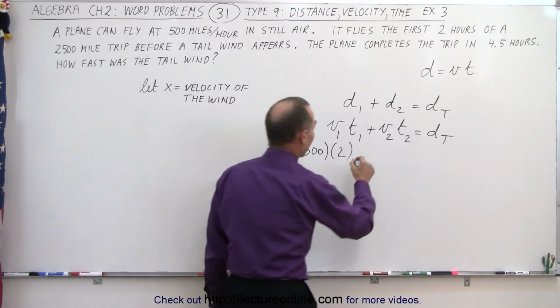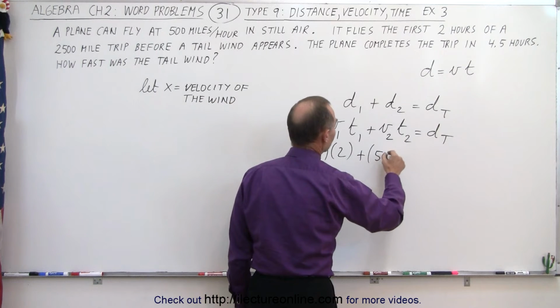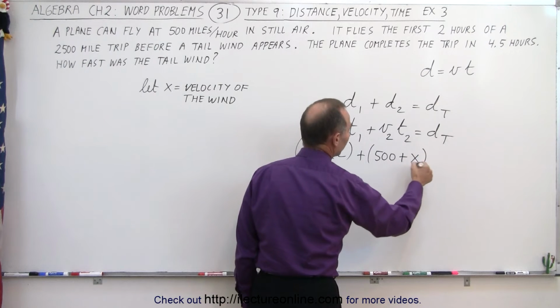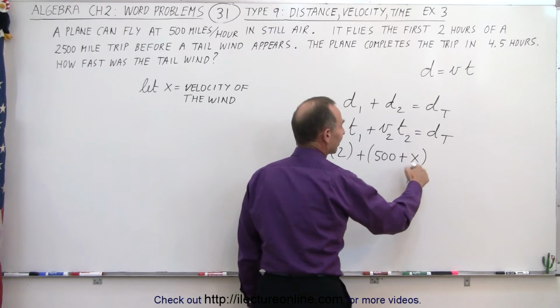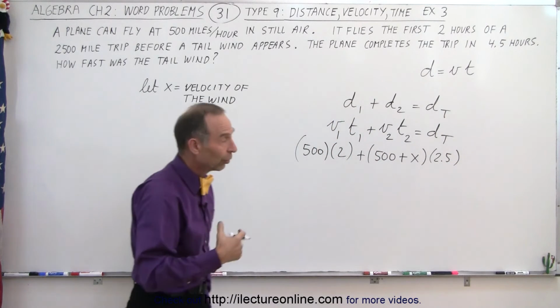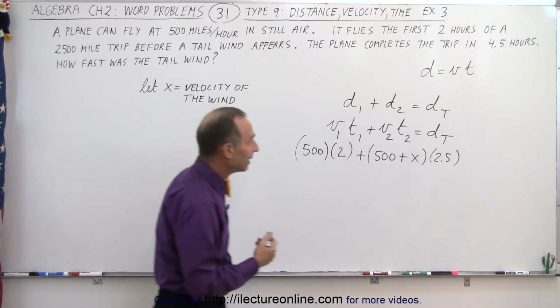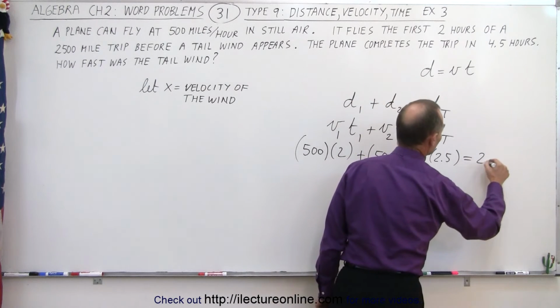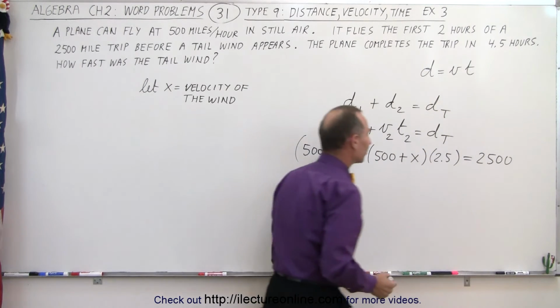Then next we're going to have a new velocity, 500 plus the tailwind, which we don't know what that is, plus x, times the time, 2.5 hours, because that's how long it took to complete the trip, and that would then equal the total distance traveled of 2,500 miles.